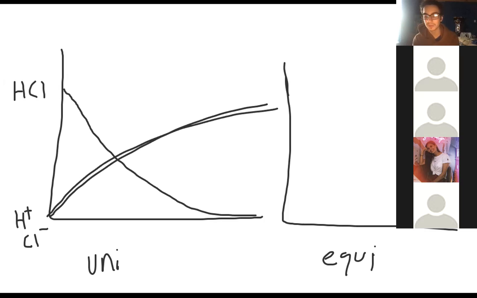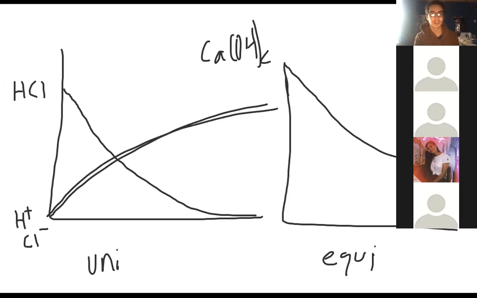But when we're talking about reactions at equilibrium, what's going to happen instead? Going back to that calcium hydroxide example, CaOH2. Because calcium hydroxide will not dissociate completely, it's going to go down to whatever concentration it is at equilibrium, and the calcium ions and the hydroxides will also go up.